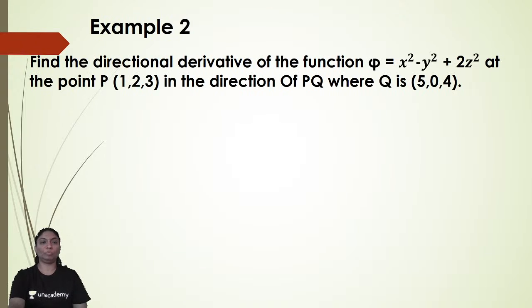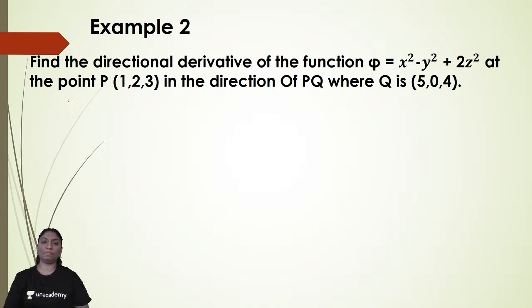Now we'll see the next example. In this example, we will find the directional derivative of the function phi is equal to x square minus y square plus 2z square at the point P of 1, 2, 3 in the direction of PQ, where Q is 5, 0, 4.